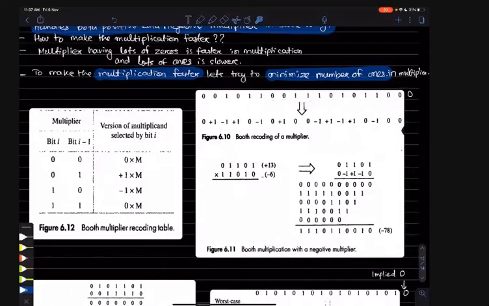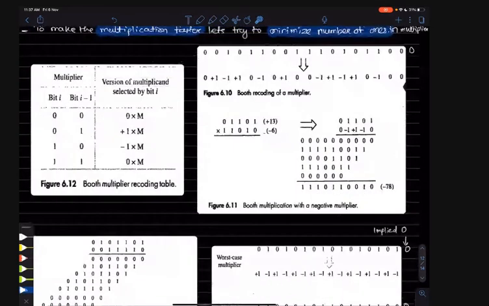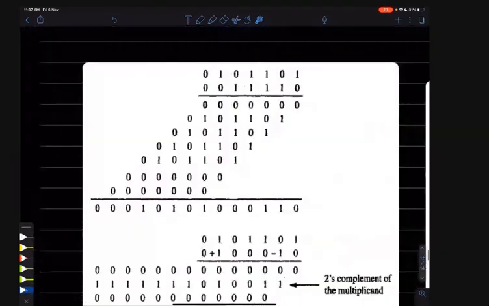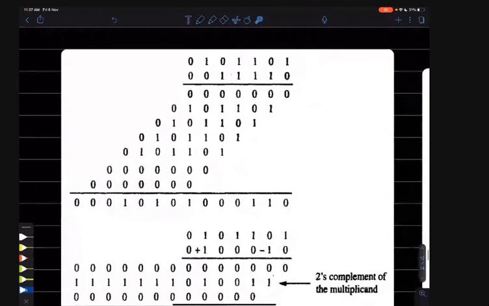Now let's do the same multiplication that is there here. In this case you have to do 4 add operations.